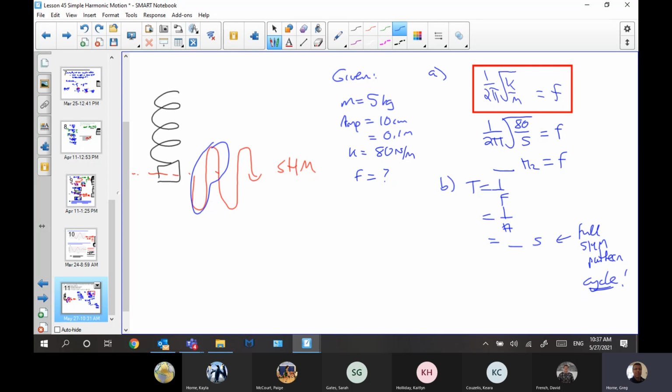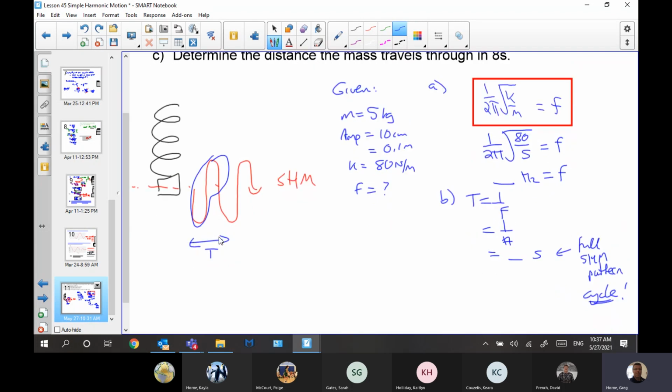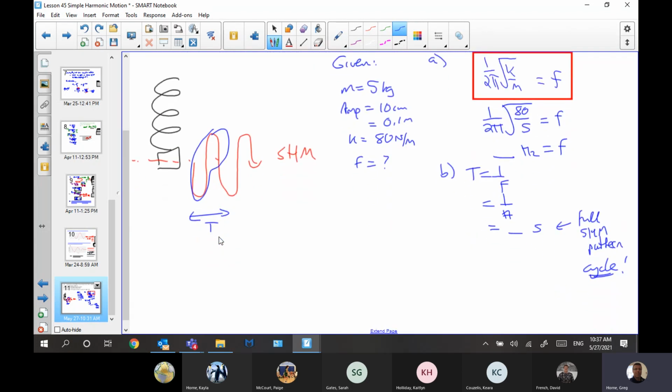And so we're talking about that's the period for the full cycle and so on. So when we're talking about the distance traveled and so on, it's going to be 4 amplitudes per cycle. So you'd have your 40 centimeters or your 0.4 meters per cycle.